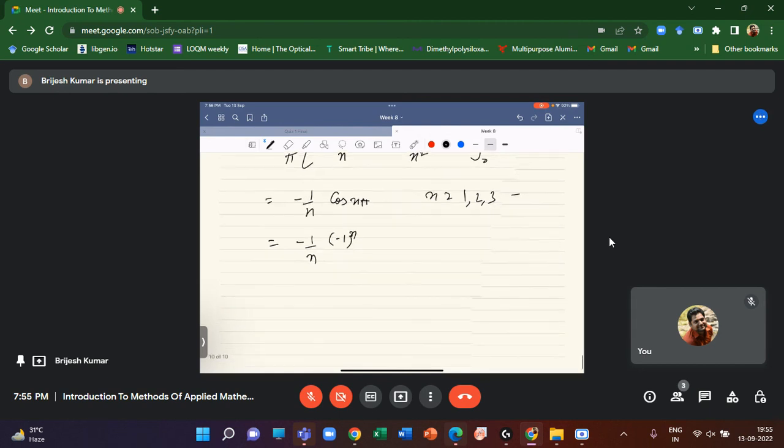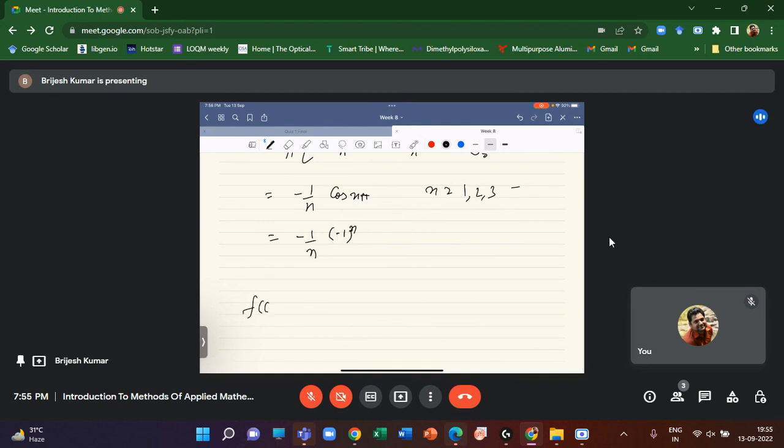So you can write this f of t equal to pi by 4, because our function was a naught by 2 plus summation n is equal to 1 to infinity an cos n pi t by t plus bn sin n pi t by t. So this was our function.